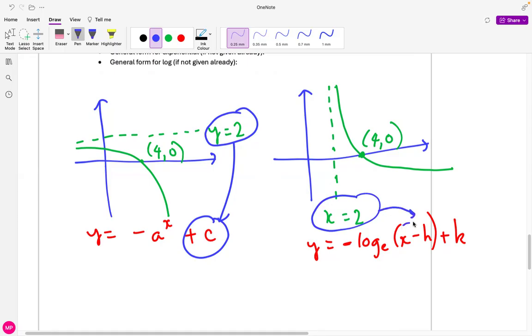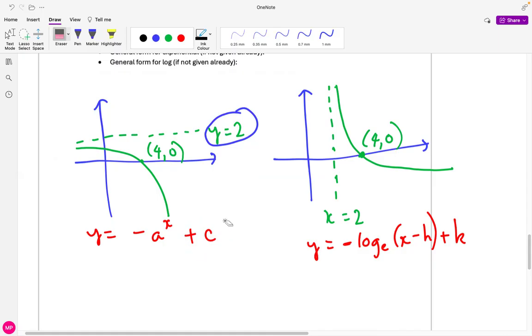So how much do you move left and right? Okay, so in summary, for exponential the asymptote is how much you move up and down, and for log the vertical asymptote is how much you move left and right. All right, let's get started.